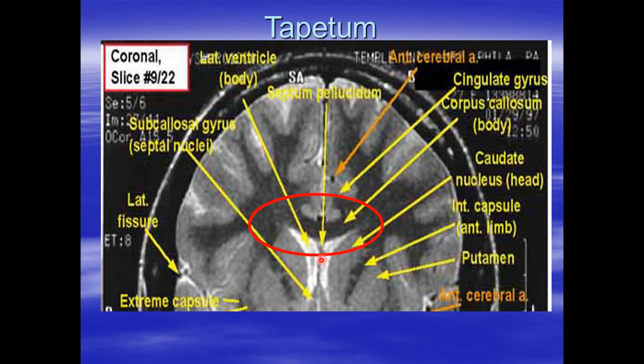So you see within here the septum pellucidum and the fornix. We cannot see it, it's too small, but there are some fibers that are related to the tapetum.